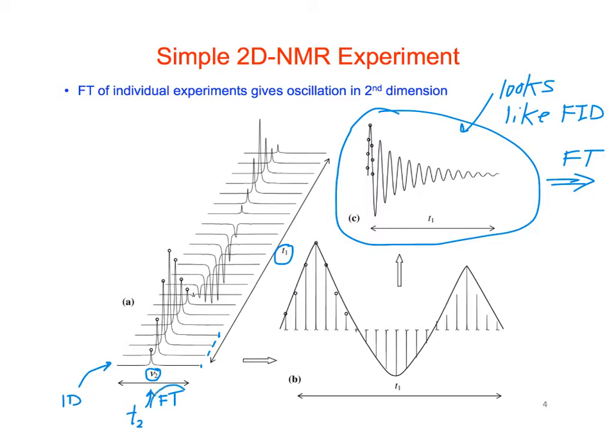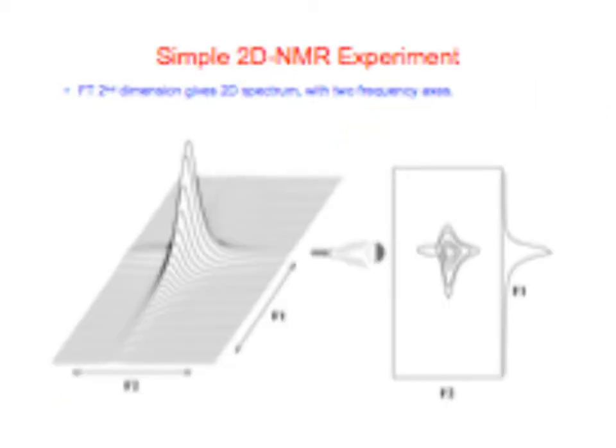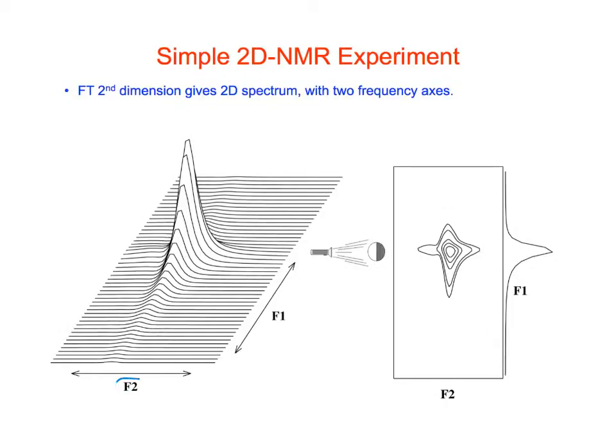Okay, so we had one Fourier transform down here, and we do a second one over here. And what we get is a spectrum that has two different dimensions. Okay? The F2, frequency 2, comes from T2, which was our acquisition time. So that's kind of our normal one-dimensional experiment.